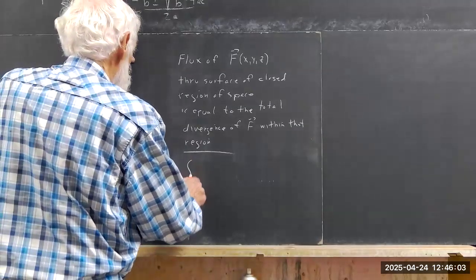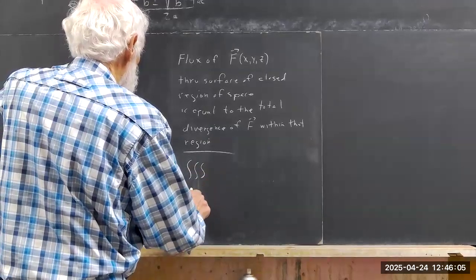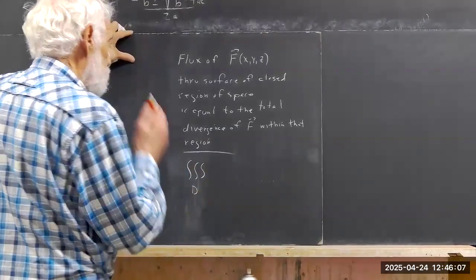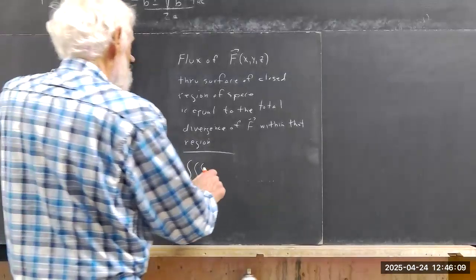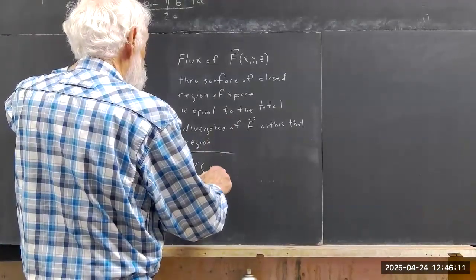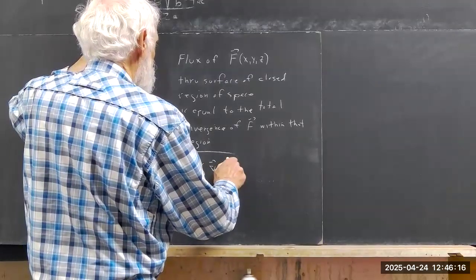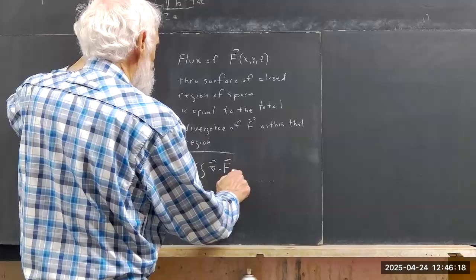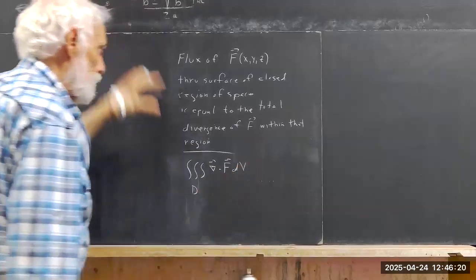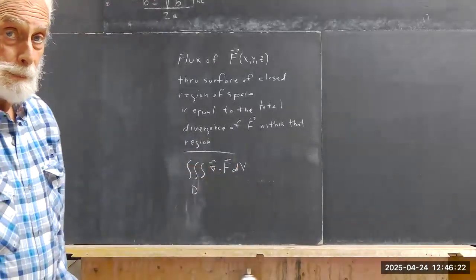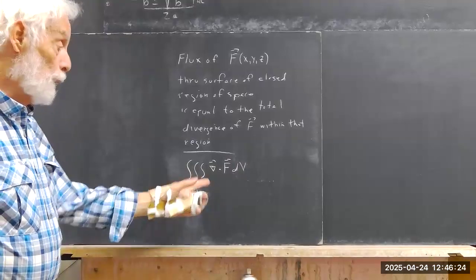The mathematical statement is the triple integral over your region of, what's the divergence of F? Divergence is del dot F, and it's a scalar quantity.